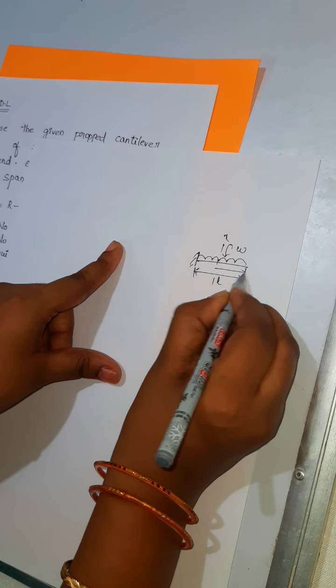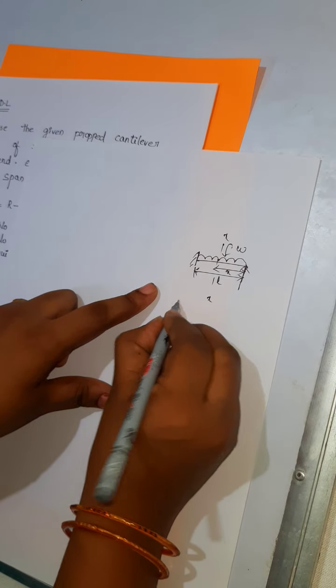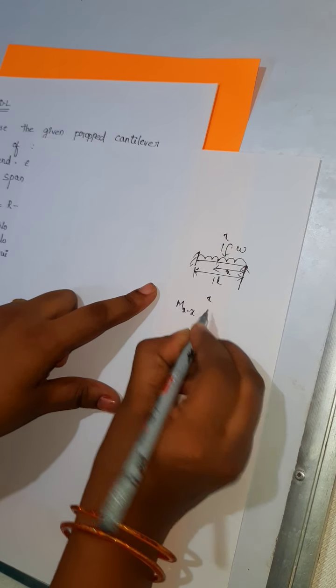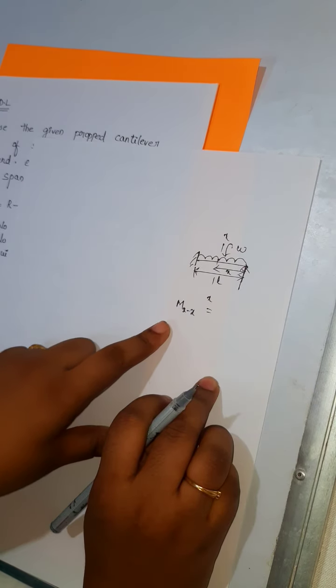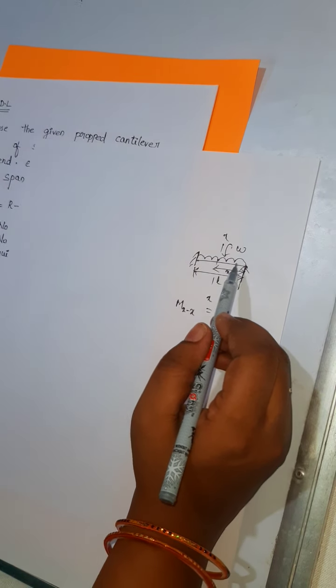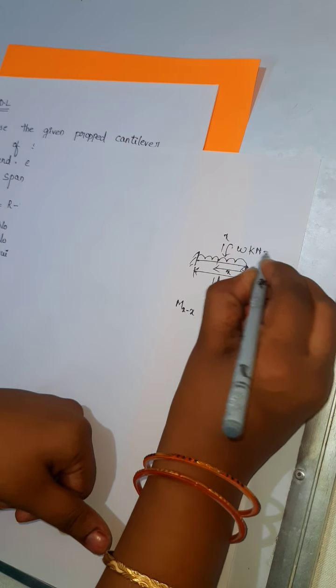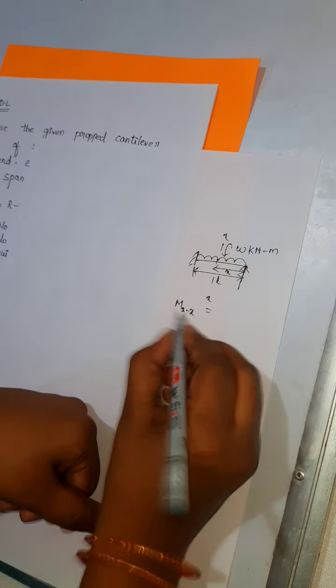The distance I am taking as X. What is the bending moment at section XX? What is the moment formula for UDL? The load is in kilonewton per meter.